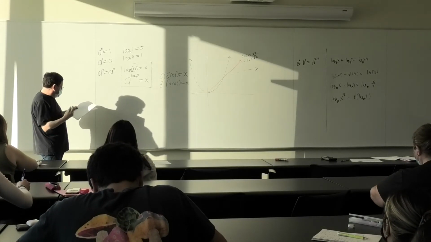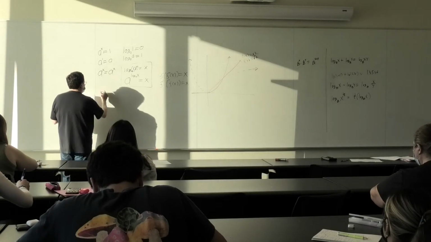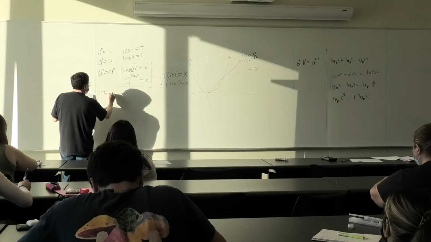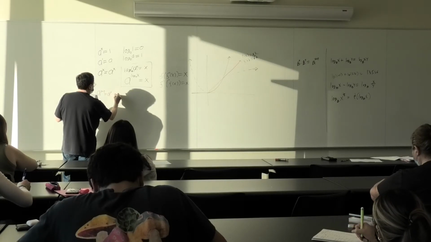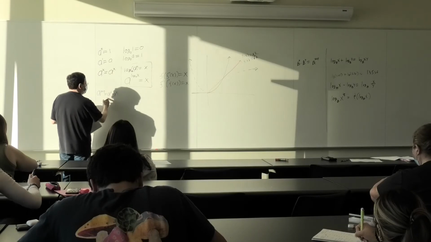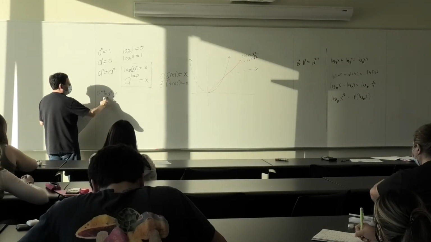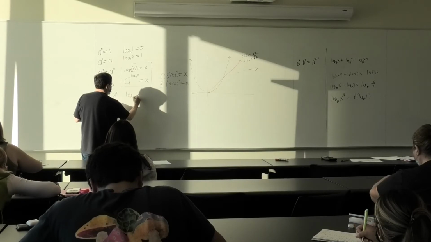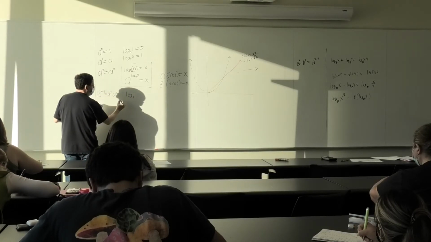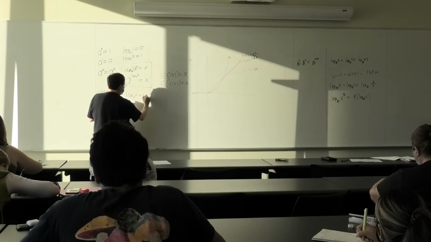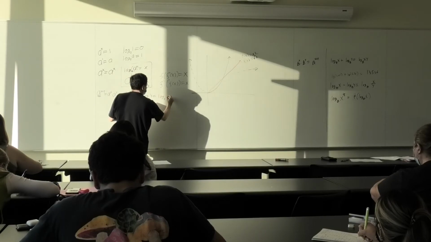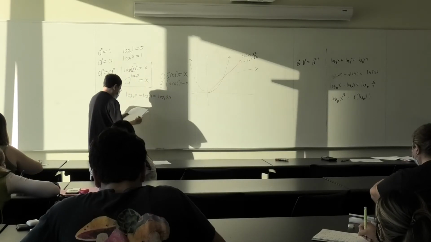All right, now for the computational stuff. We already looked at a to the x plus y is just a to the x times a to the y. That's our law of exponents. Our law of logs is: log to the base a of x plus log to the base a of y is log to the base a of x times y.